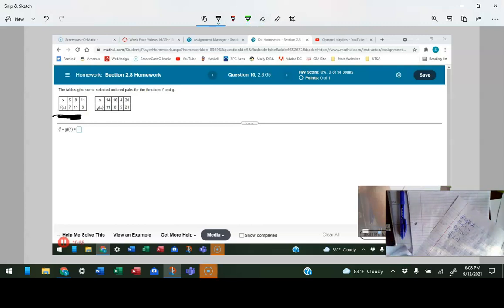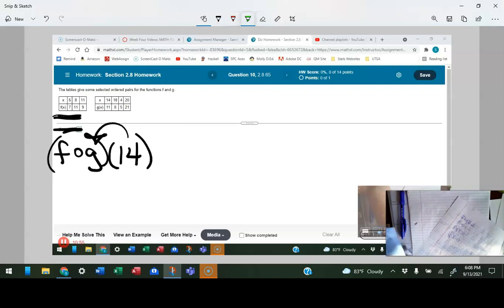So what am I going to do first? I'm going to put 14 inside of g and see what pops out. So 14 inside of g pops out an 11.